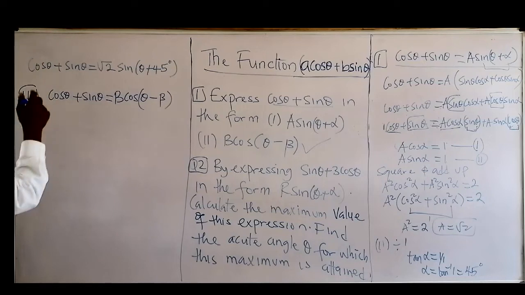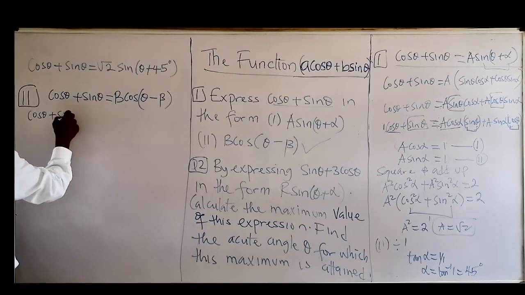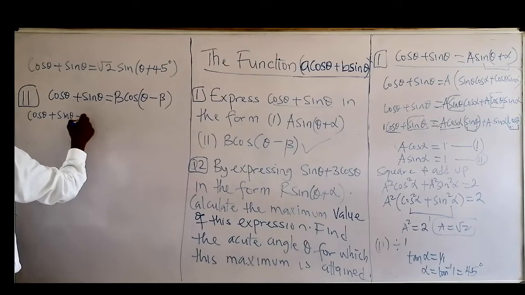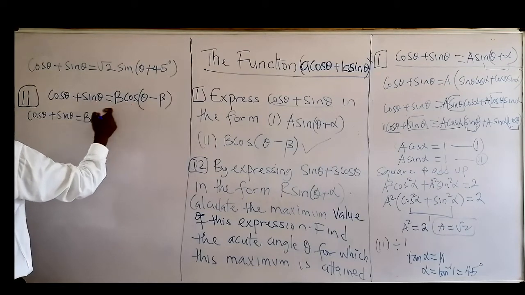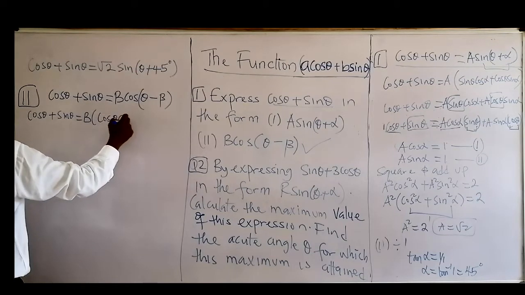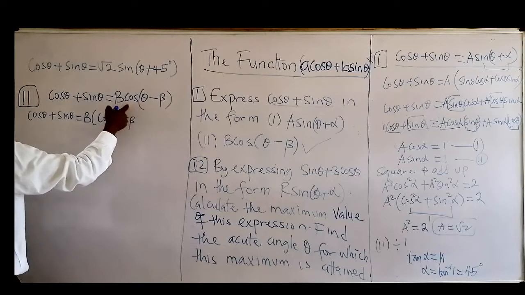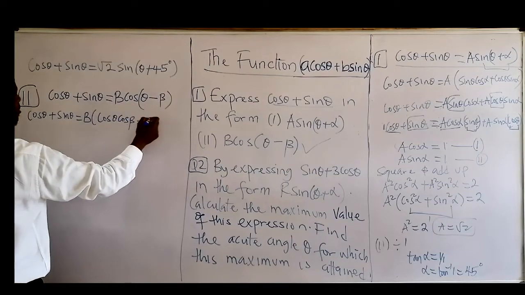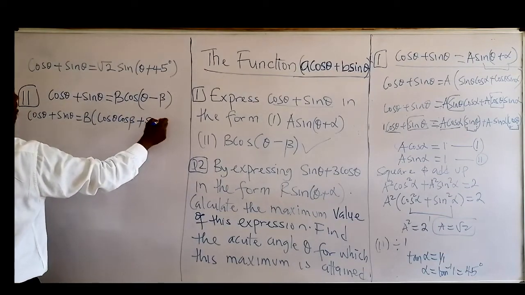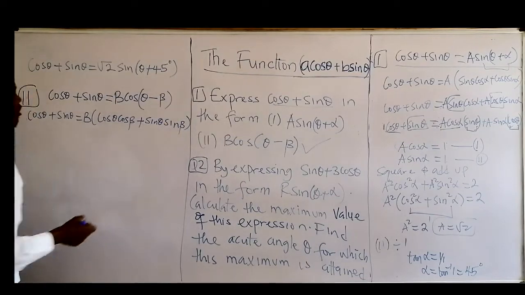Then this will be cos theta plus sine theta equals b times cos theta cos beta, then we have minus here and you're having cos, that will be plus, and then sine theta sine beta.